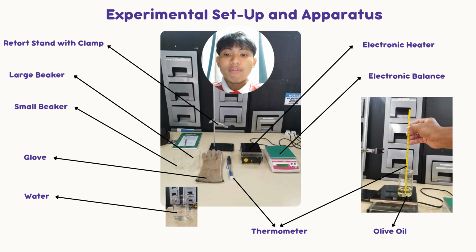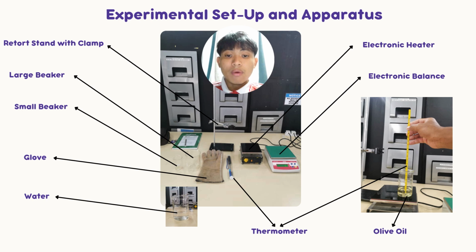Thank you, Lukman, for presenting the objective and the introduction of our experiment about the application of the first and second law of thermodynamics. Next, we will go to the experimental setup and also the apparatus included in this experiment.